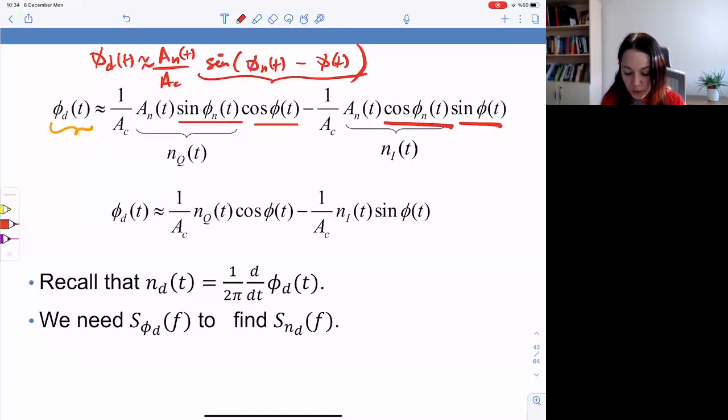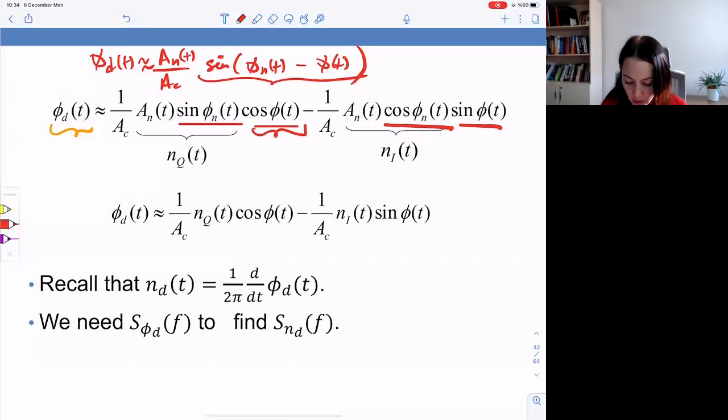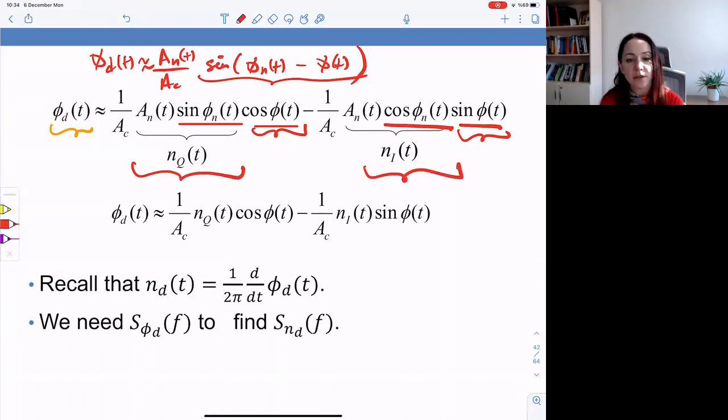But what do you see? It's as if this is our carrier, if you will, and NQ and NI are the in-phase and quadrature components with respect to this angle phi. At least we can model them as such.